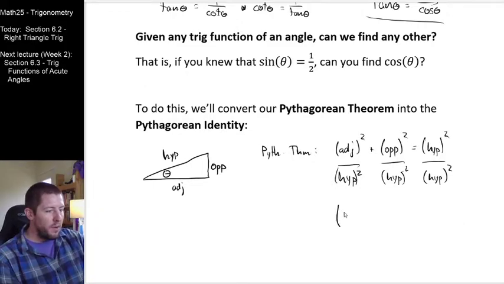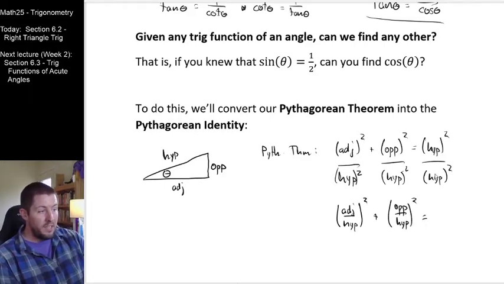I'm going to rewrite this as adjacent over hypotenuse squared plus opposite over hypotenuse squared equals hypotenuse squared divided by hypotenuse squared. That's just 1 right there.